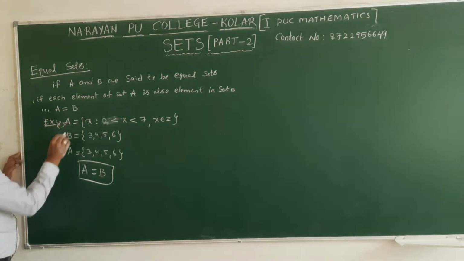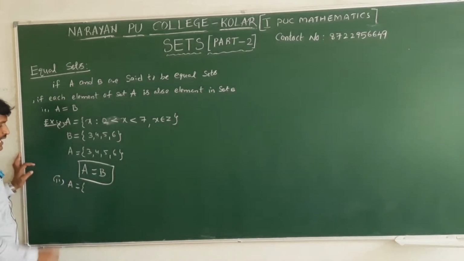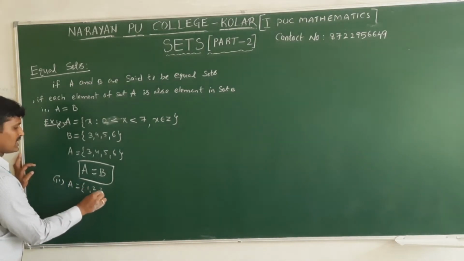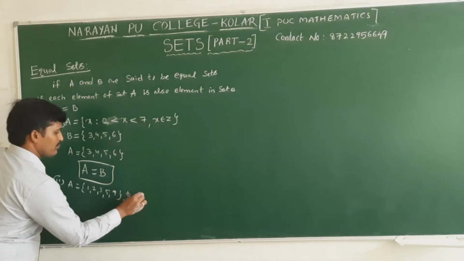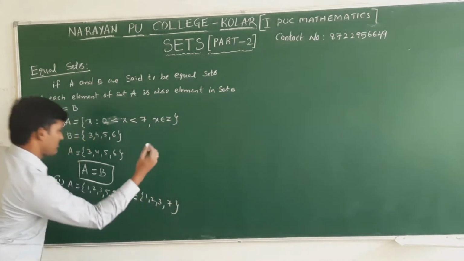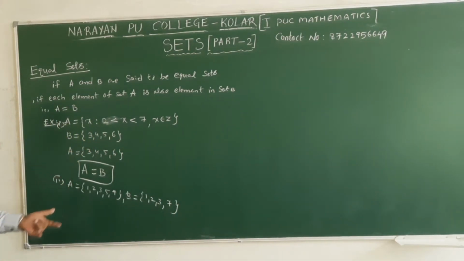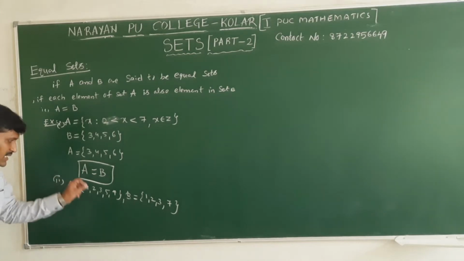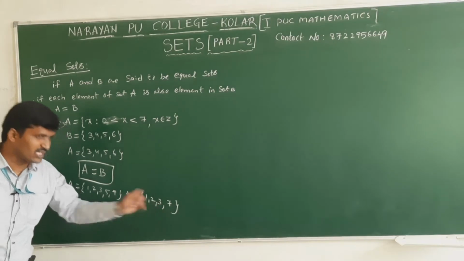Okay, this is one example. If we take one more example, A is 1, 2, 3, 5, 7 and B is 1, 2, 3, 7. Are A and B two equal sets? No, because each element in set A must also be an element in set B. But 5 is there here, and 5 is not there here.